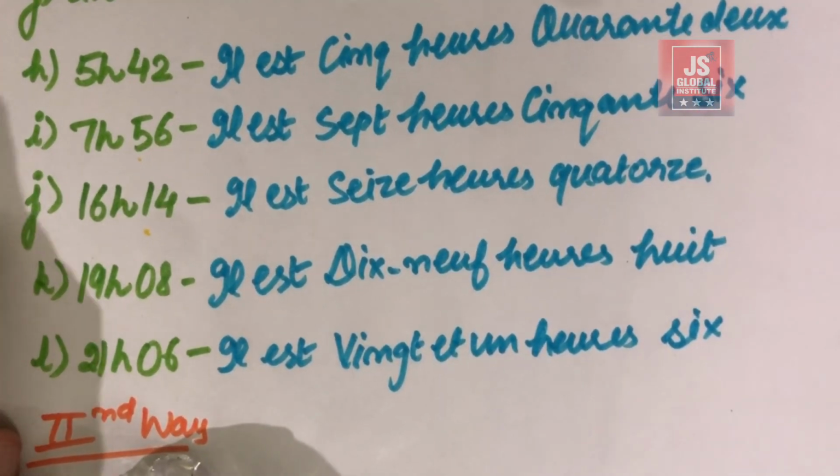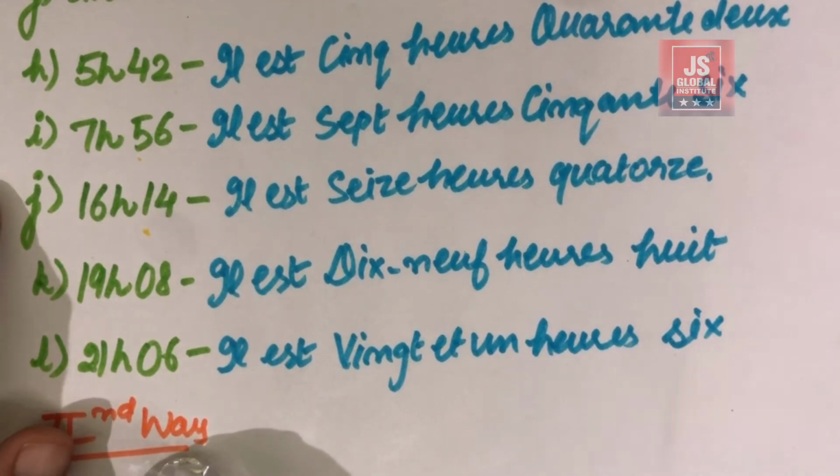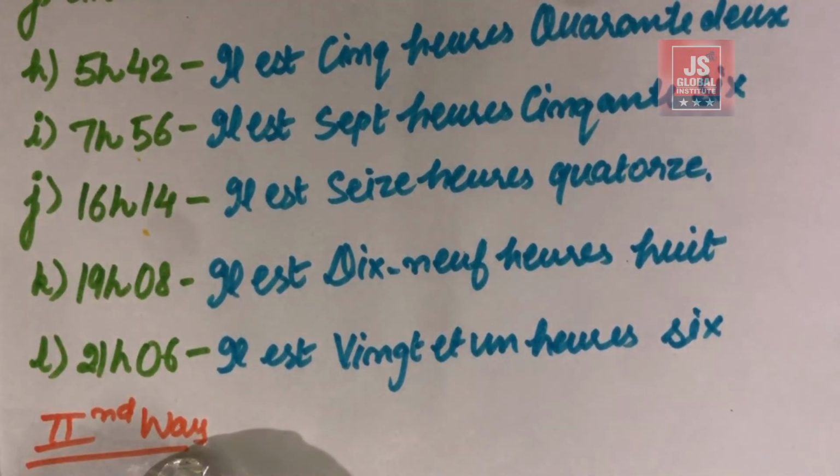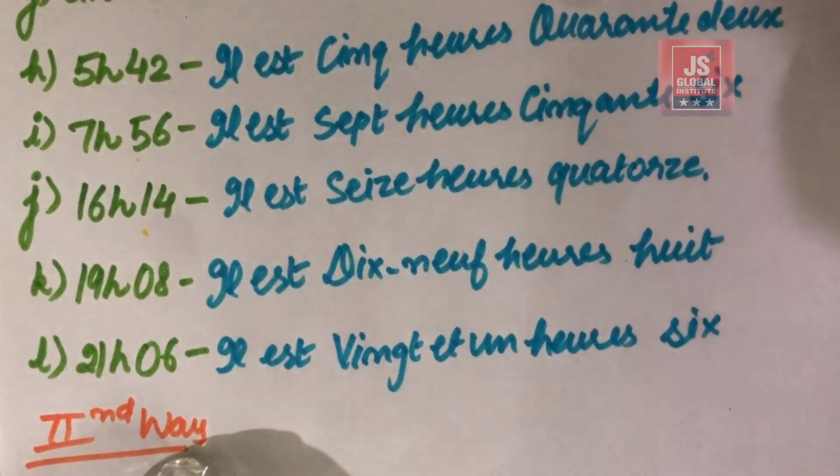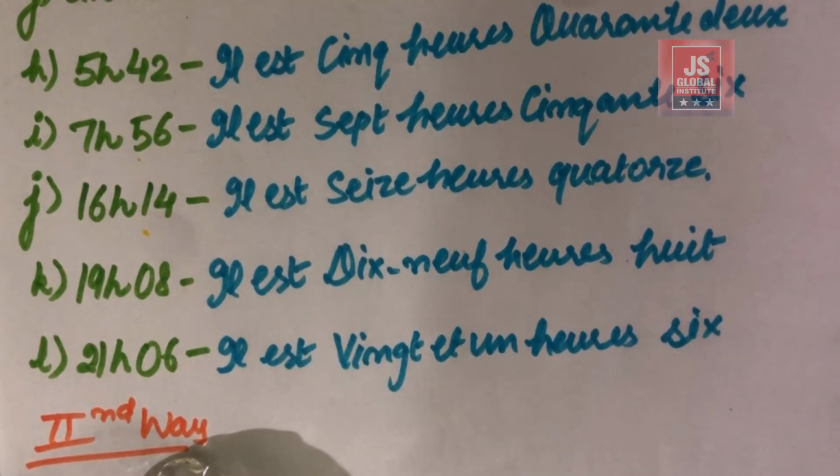Okay, so this is simple counting over here. So now we are going towards the second way. So here I have only used the first method that I mentioned, and right now I am going to move towards the second method, that is the time according to the afternoon, evening or the morning kind of thing. So let's move on.